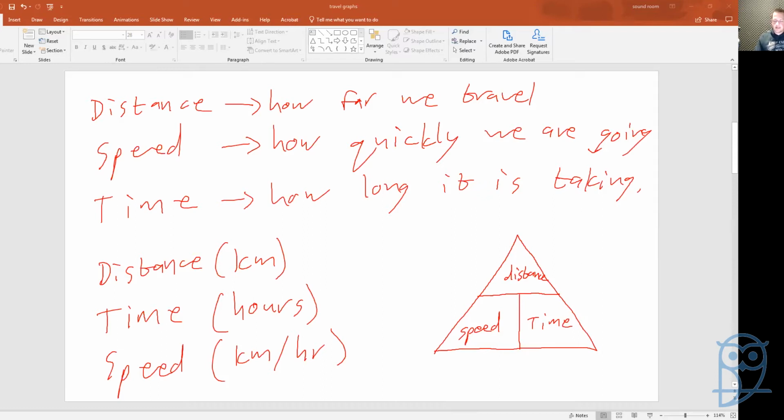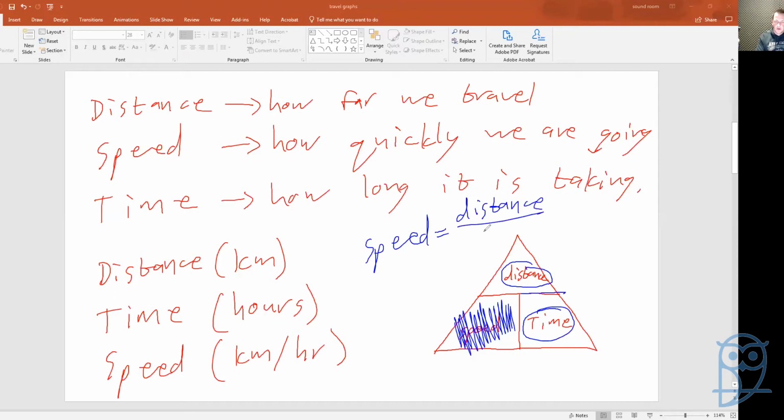If I'm looking to calculate speed, what I do is I get rid of speed. And then I see that I have distance over time. And that's my formula. Speed is distance over time. And that's how the triangle works. It's quite nice, actually.